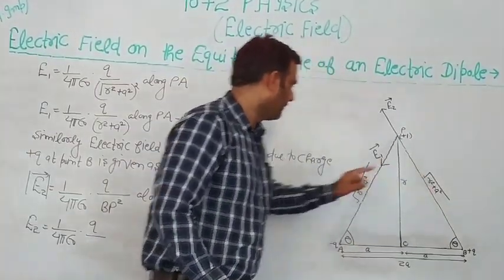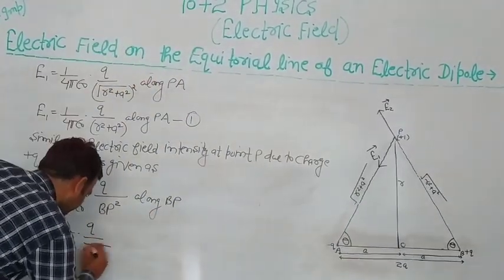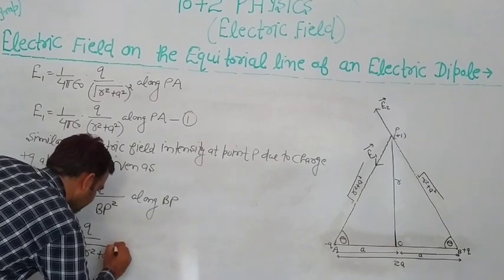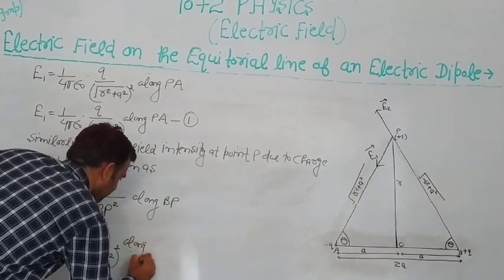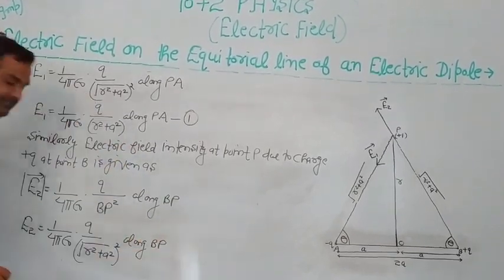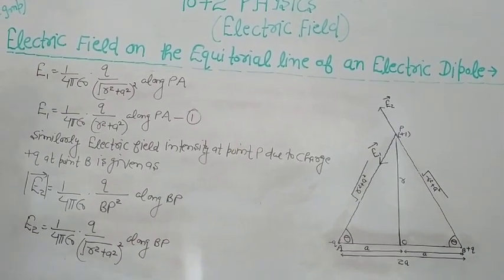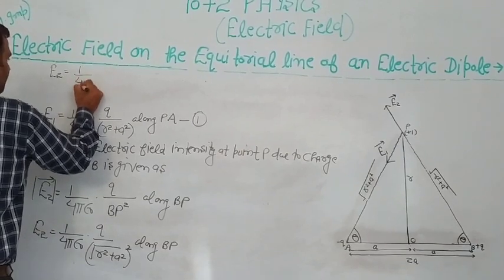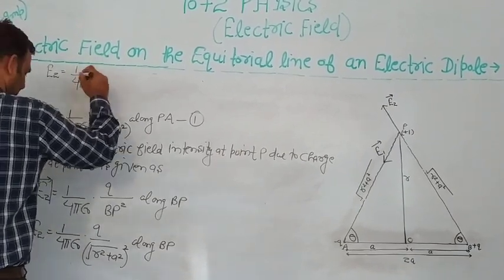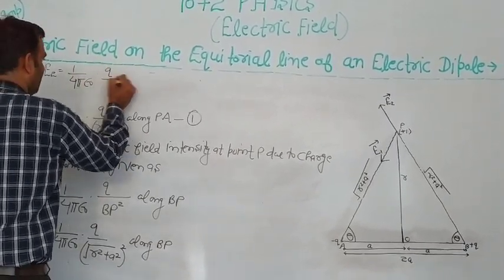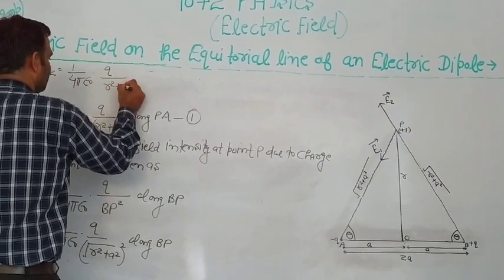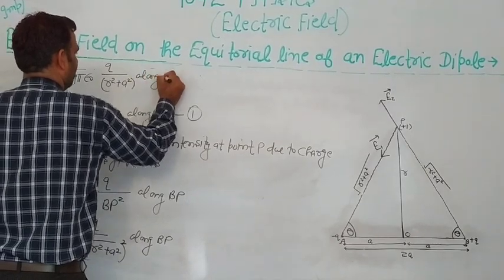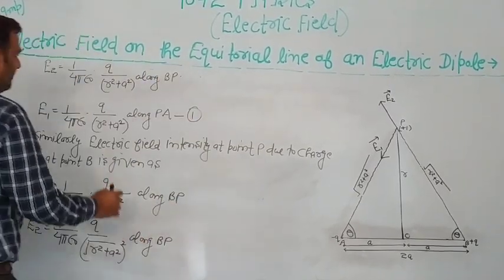You get it from here, root of r square plus a square. So E2 is equal to 1 upon 4 pi epsilon naught, Q upon r square plus a square, and the direction is along BP. This is equation number 2.